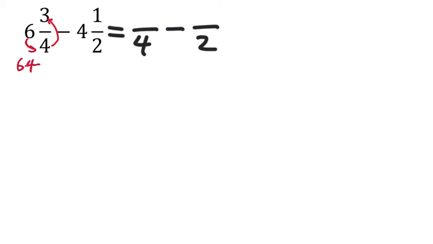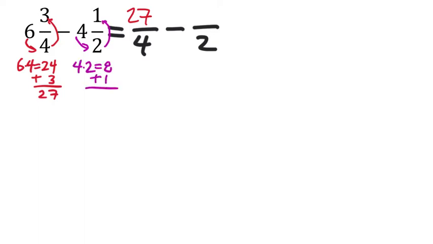Start with 6 times 4, which is 24. Then I would add the 3 numerator to make that 4 plus 3 is 7, drop the 2, 27. So I have 27/4 in my first fraction. My second fraction, 4 1/2, so I got 4 times 2 first, which is 8, and then add the 1 numerator to make that 9. So that ends up being 9 over 2.